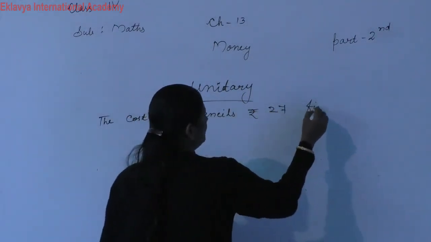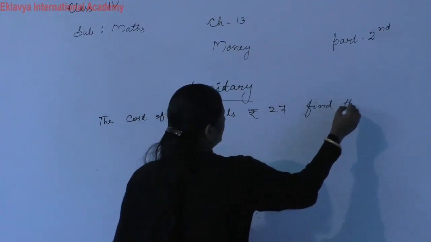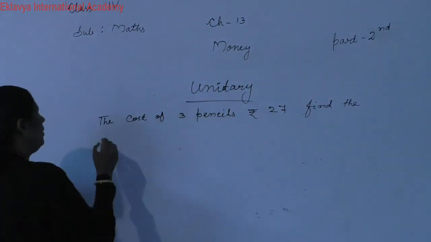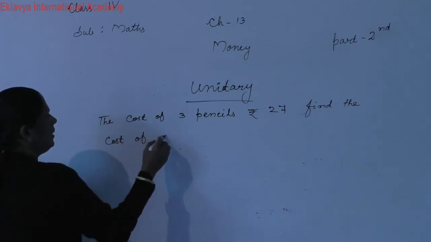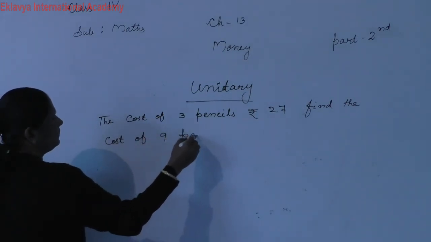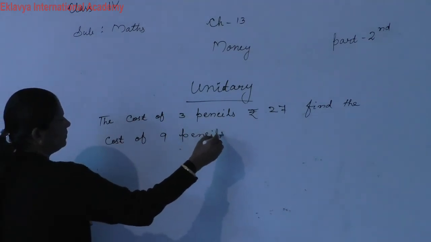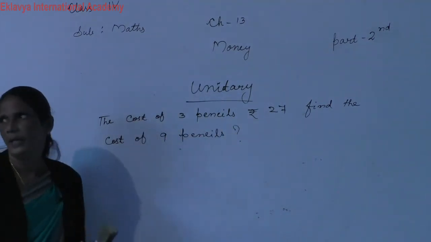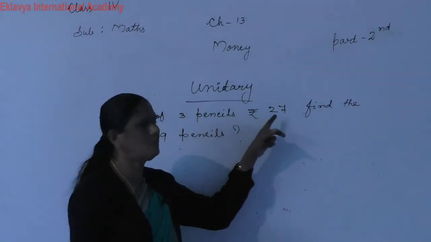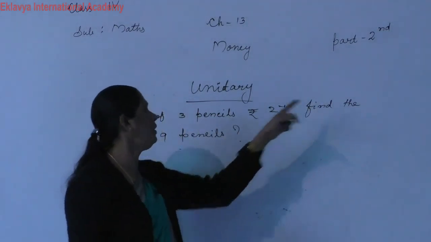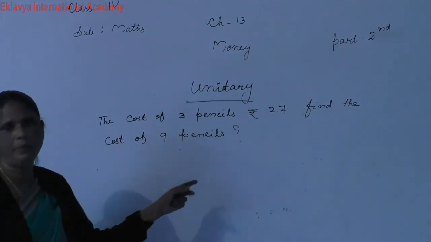Find the cost of 9 pencils. Again you read: the cost of 3 pencils is rupees 27. Find the cost of 9 pencils.